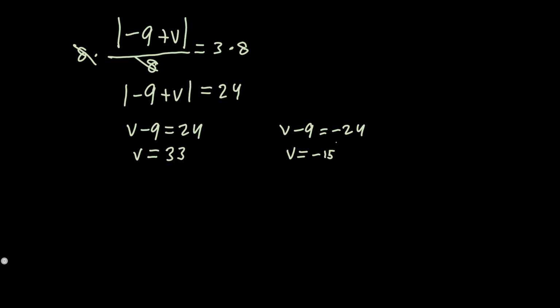So now plugging in both of our answers that we have, we see that we have 33 minus 9, and 33 minus 9 is equal to the absolute value of 24, and the absolute value of 24 is simply just 24.